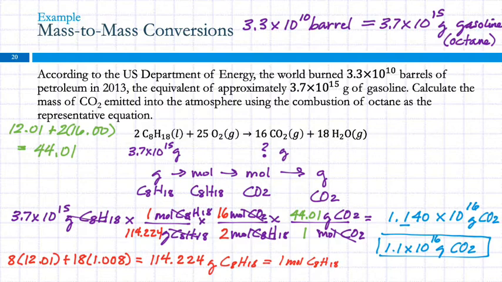Some of them were saved for later, right? There were some that were burned from the previous year, and so that's an estimate. Equating this to a certain amount of gasoline is also an estimate, and then equating this gasoline to octane is another estimate. And so we don't want to end up with a whole bunch of digits, which would imply that we know the mass of CO2 very, very precisely, because we don't. Any questions?